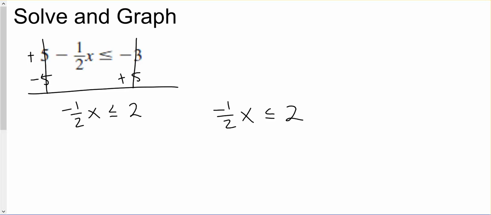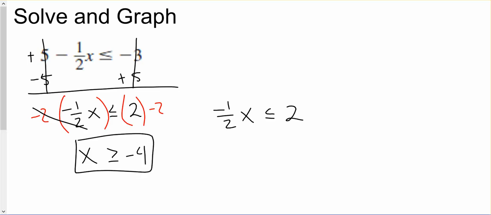We could do it one way, which is saying, okay, we'll just multiply by our reciprocal. What's the reciprocal? It's negative 2, negative 2, and we get these simplify, and we get x, and when we multiply by a negative, we need to remember to reverse the inequality symbol, and that will make -4.